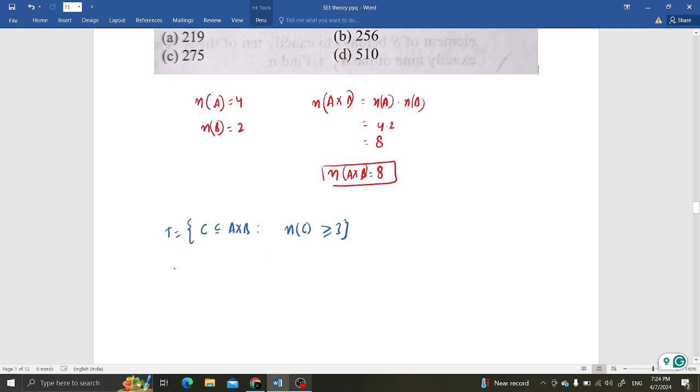So instead of that, I will find T complement, because it is very easy to find, because here there are a total of 8 elements. First of all, I would need to collect all which contain 3, which contain 4, 5, 6, 7, 8 elements. Instead of that, I will find it from the total number of subsets.